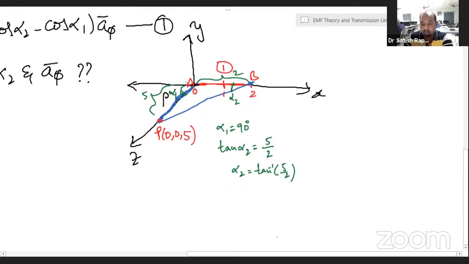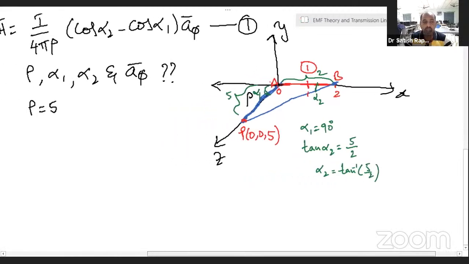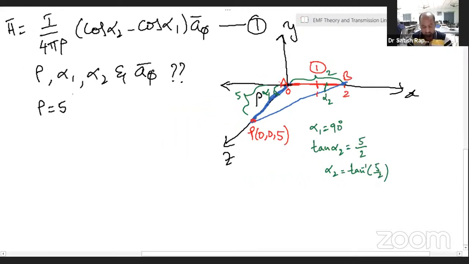And alpha 2 and alpha 1 we know, right? We have calculated here. Let me write. So alpha 1 is 90 degrees and alpha 2 is tan inverse 5 by 2, right?